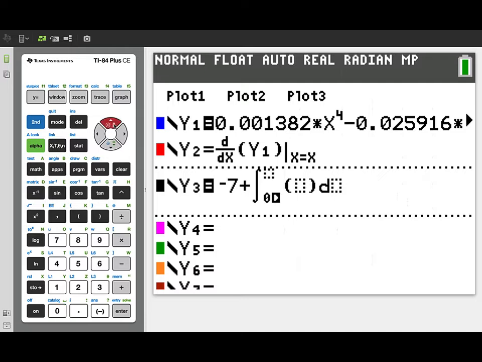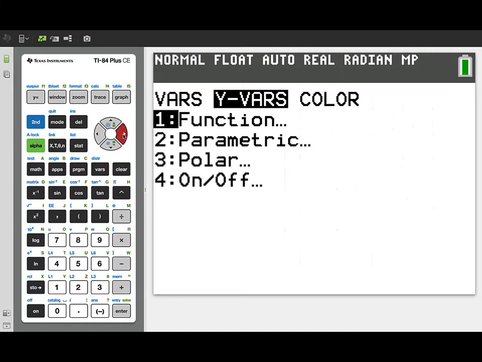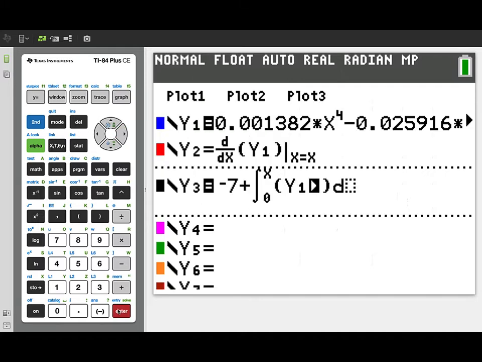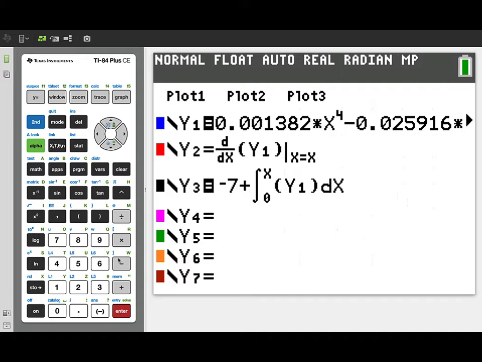So notice I've entered -7, and now to create an antiderivative, I'm producing an integral function with a lower limit of 0, upper limit of variable x, and the integrand is the function whose graph is blue. And so this is producing an antiderivative with a value of -7 at x equals 0.